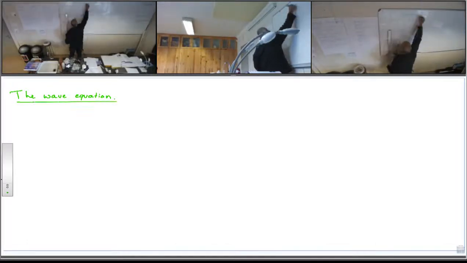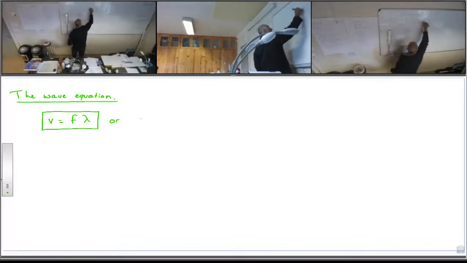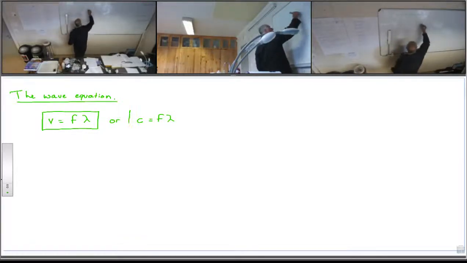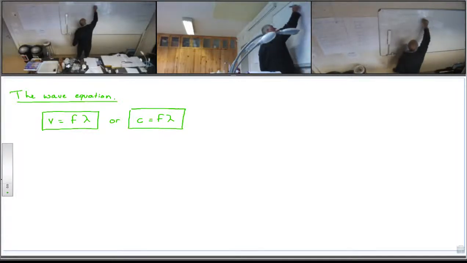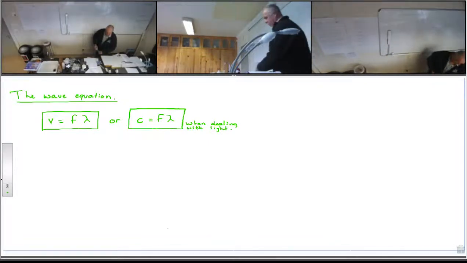The wave equation is either written V equals frequency times lambda, or C equals frequency times lambda if we're talking about the velocity of light.